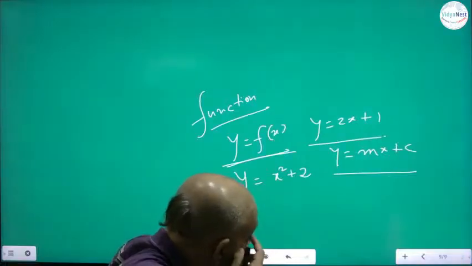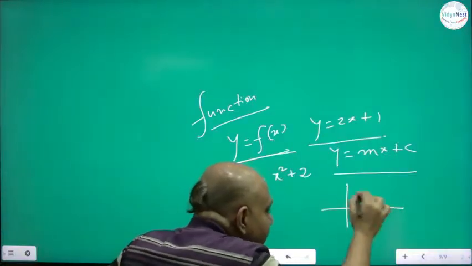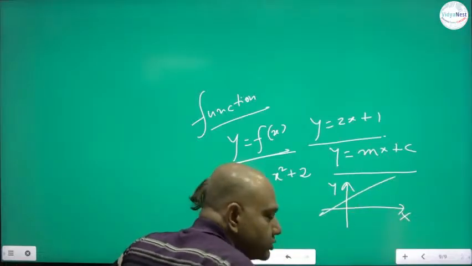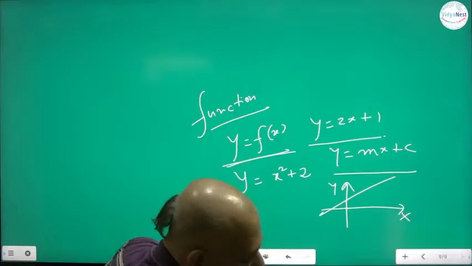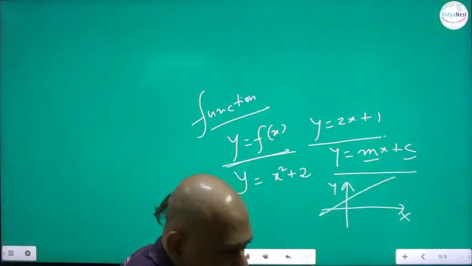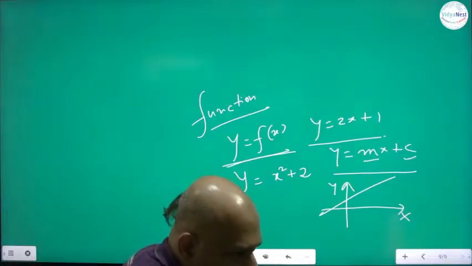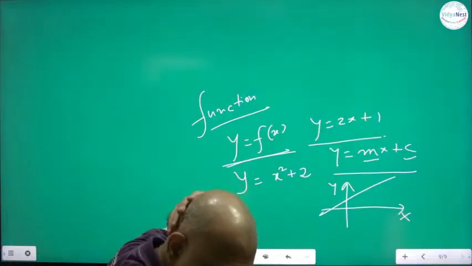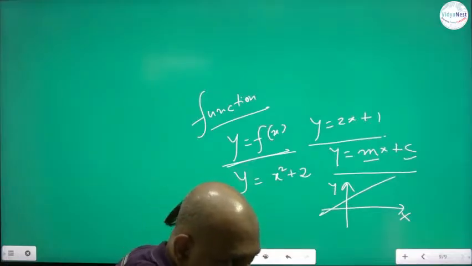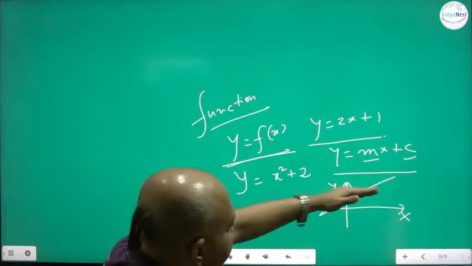In the straight line equation, if I develop a graph of y and x, I can see the straight line is like this. m is the slope of the straight line, c is a constant. I think you heard this, no? In class 9 or 10, the straight line equations were there.